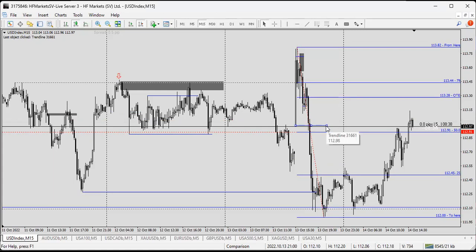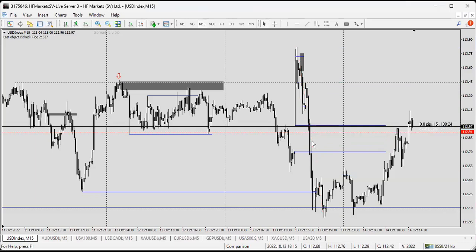Balance right here. All of the blue lines. I'll take this one off since we don't need the fib. So we have, take the period separators off for a second.